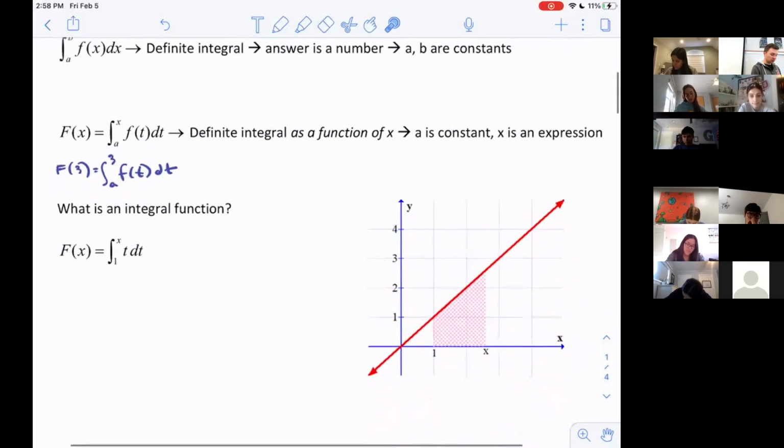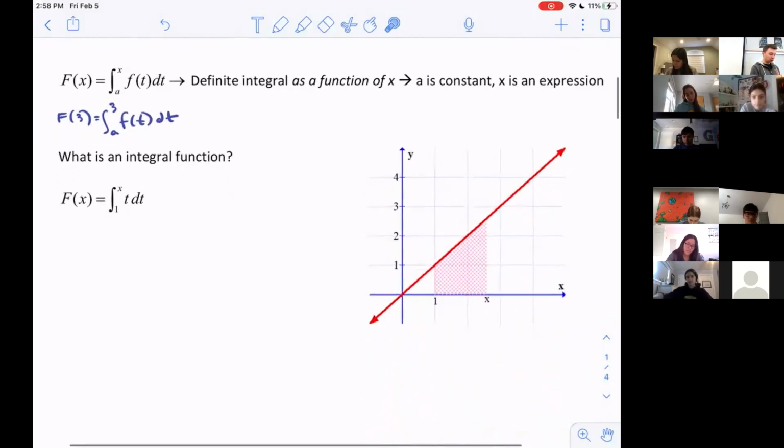Okay, so what does this mean? Let's take first the function t. Oh, we got another mislabeled axis here. This should be t. So the function t is this line with a slope of 1 that goes through the origin.